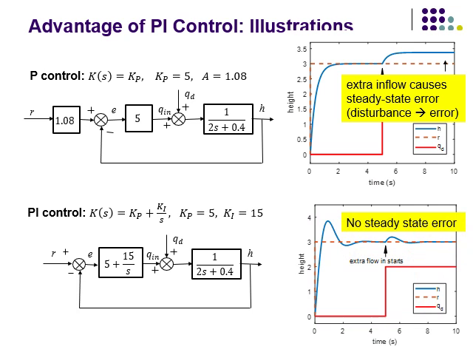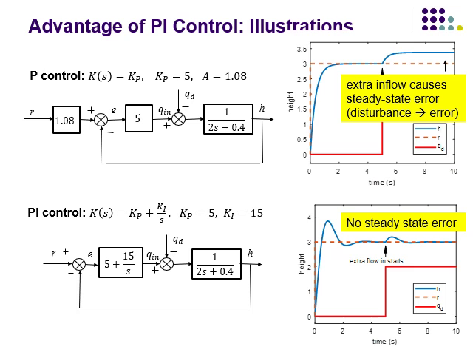So if we look at the graphs in this case, you can see that there's some difference initially, that the height of fluid shows a rapid increase. There's some overshoot, but the height settles so that there's 0 steady state error. And then after 5 seconds, the extra flow comes in. Again, the height increases, but then settles back down.